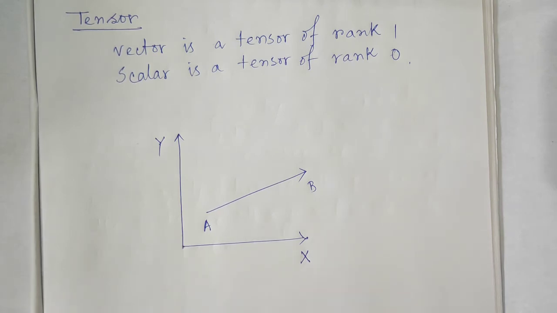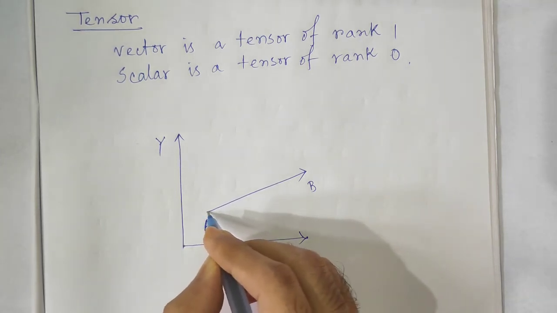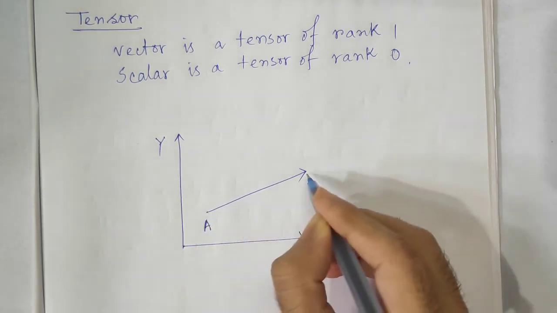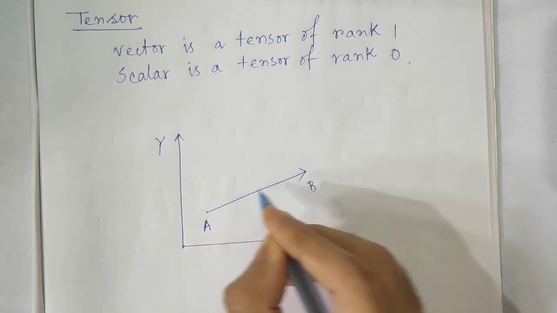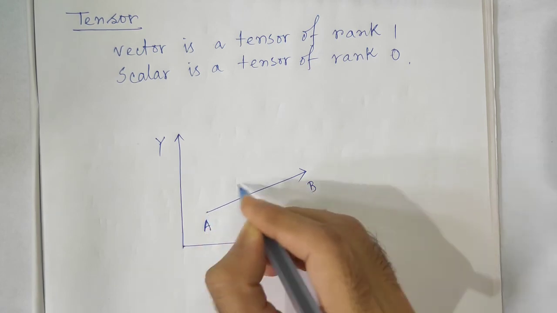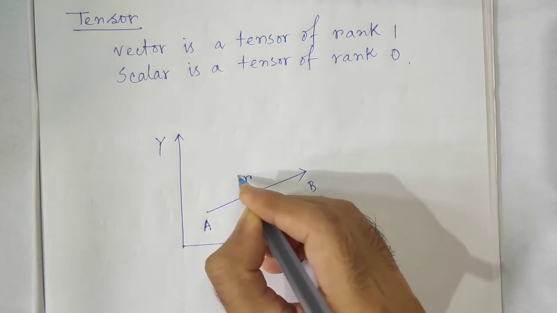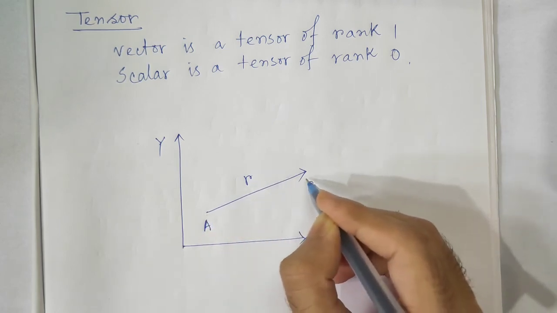This displacement vector tells us that, hey, stand on the point A and go towards the direction of the arrow. After a certain distance, let us consider the magnitude of this vector is r, so after r units of distance, you will get to the point B.